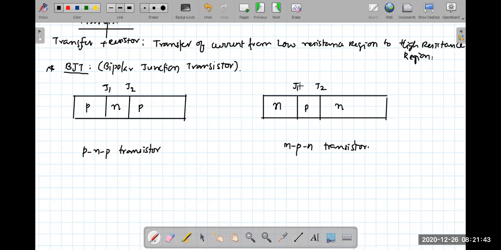Now, does bipolar junction transistor mean that there are two junctions in the device? In a PN diode, there was a single junction, but now in this PNP or NPN, whatever the combination, we have two junctions.